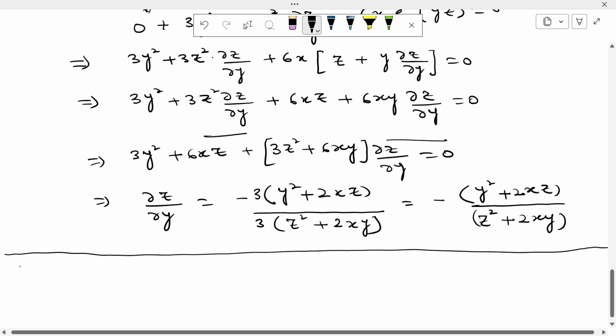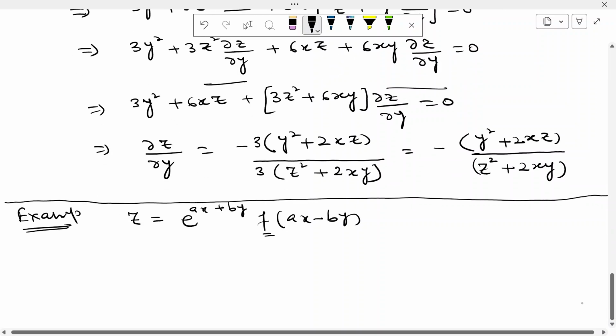So this is how we can perform our partial differentiation. Now let us take one more example. Again we are given a function z, defined as e^(ax+by) multiplied by f(ax − by), where f is not given explicitly, meaning it is a function of ax − by.